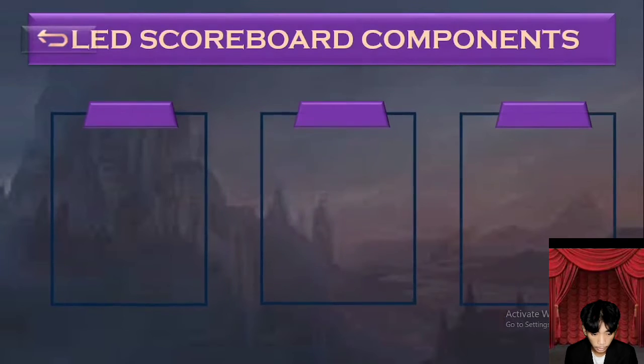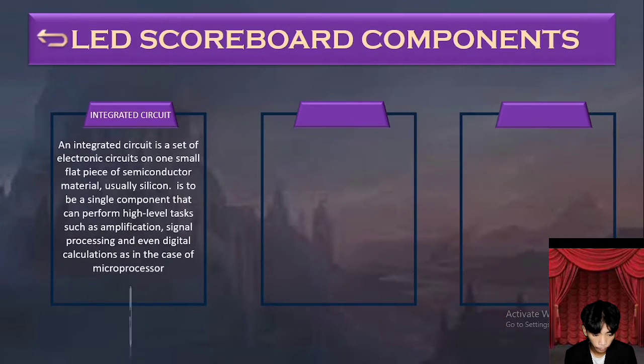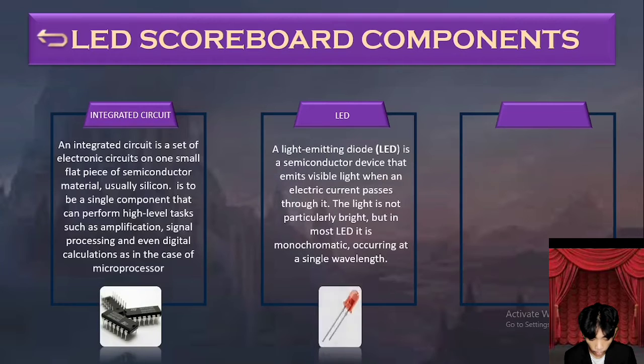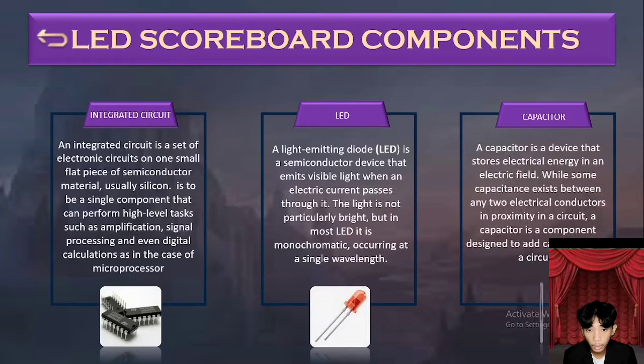So let's discuss what that means. The only thing that was changed from the previous one to this one is the integrated circuit, and the transistor is not present anymore.